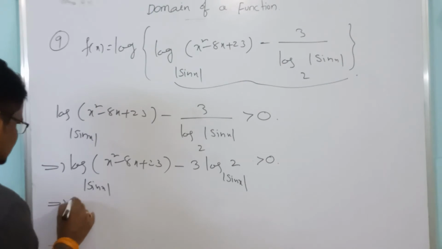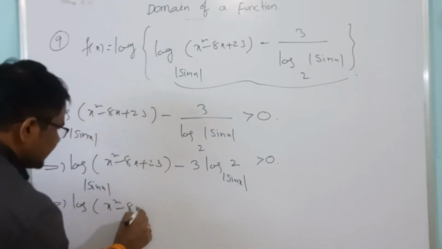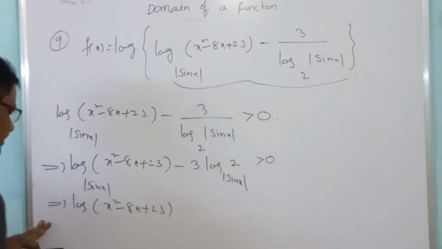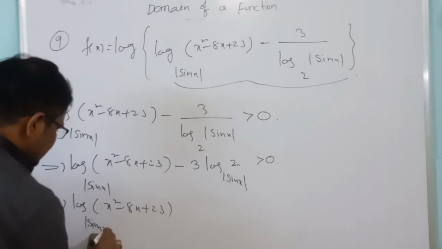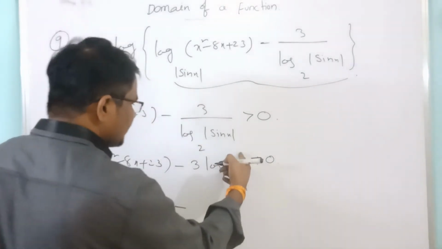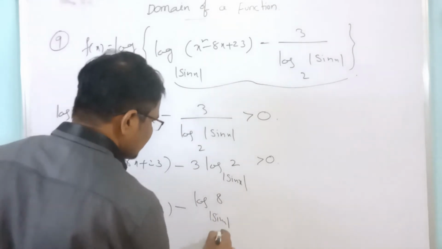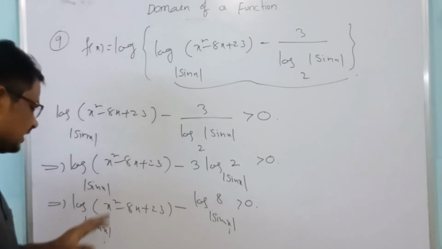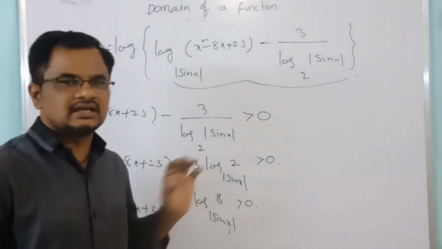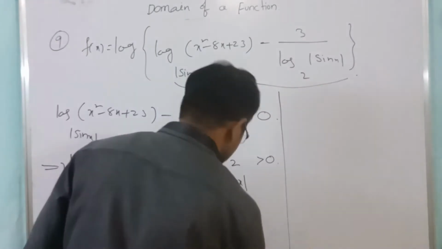That implies log of x square minus 8x plus 23 to the base mod sin x minus 2 to the power of 3, that is log 8 to the base mod sin x, greater than 0. Again log a minus log b, log a by b you can write.